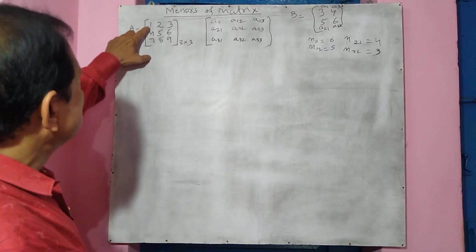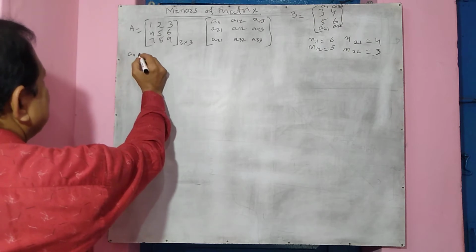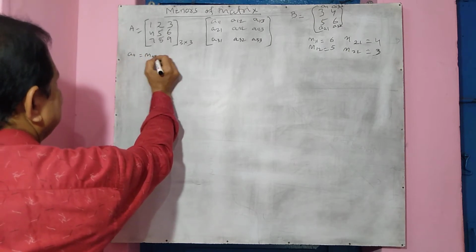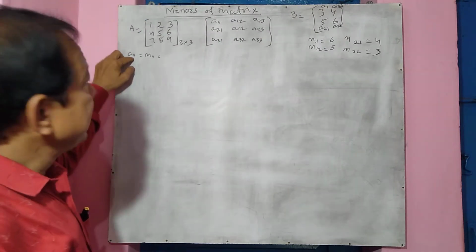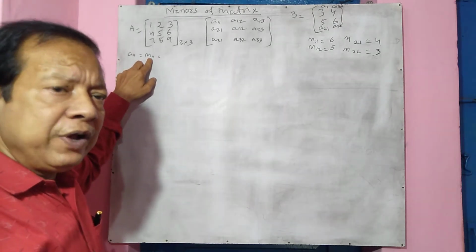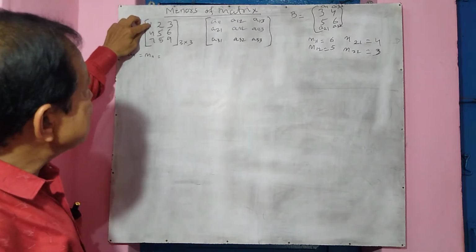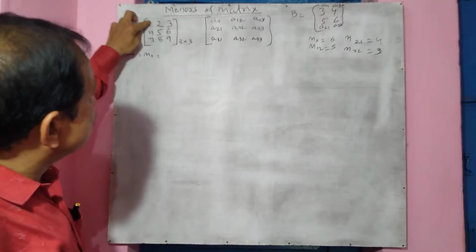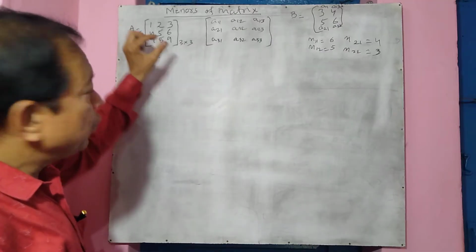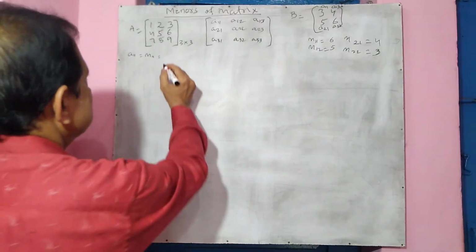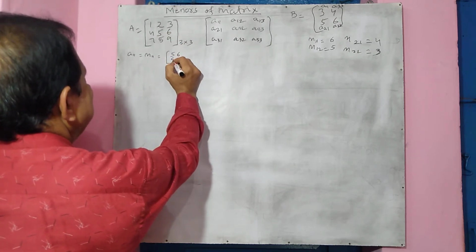Let us say first we come to A11. M11, the position is A11, so we have to find out the minor M11, meaning first row first column. The element in first row first column is 1. Leave the row and the column of that element. After leaving them, you get a small matrix: 5 6 8 9.